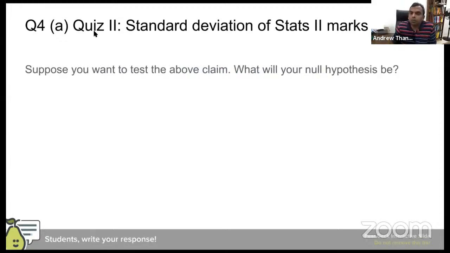Okay, so here is the next setting. I claimed before the standard deviation of the stat 2 marks. Oh, does it depend on t greater than c or t less than c? I think in this case, it's okay.